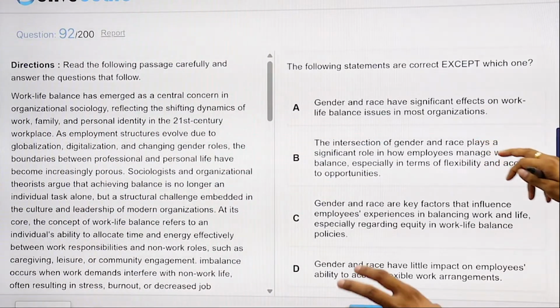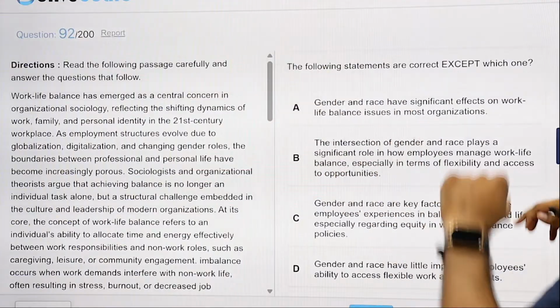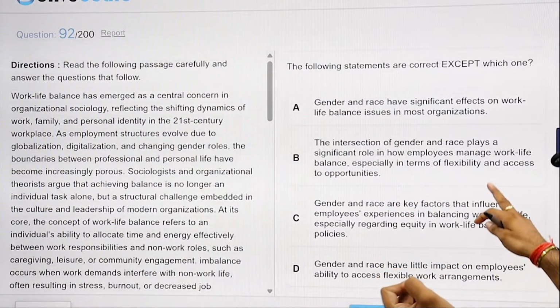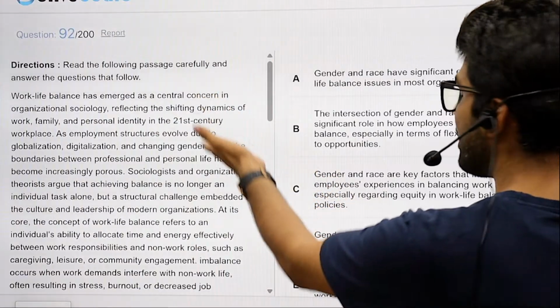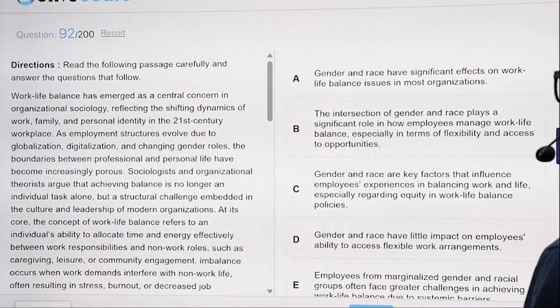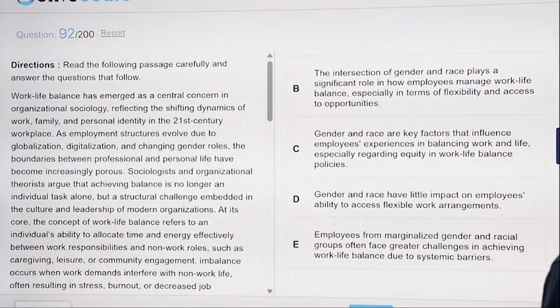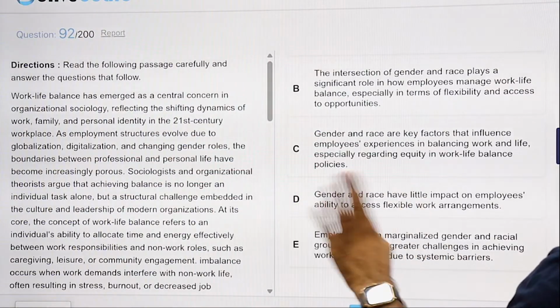All the following statements are correct except which one? That means we have to find the incorrect one. Gender, race have significant effects, of course, male female you can see here, on work life balance. Intersection of gender and race plays a significant role, of course it does. Gender and race are key factors, of course they are. Gender and race have no impact.